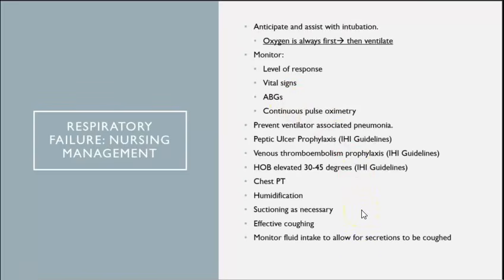Prevent ventilator-associated pneumonia. So when your practitioners and your doctors or residents are intubating, it is supposed to be a sterile technique. However, that is not always going to happen. Sterile technique, we all know, is very complicated and hard sometimes.